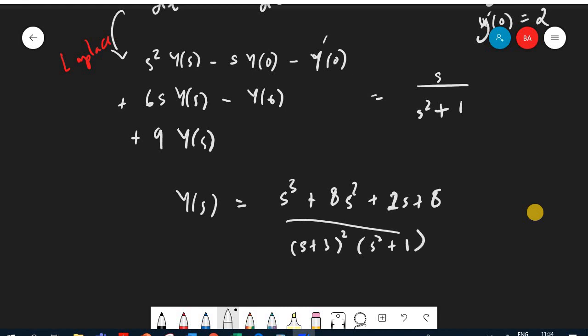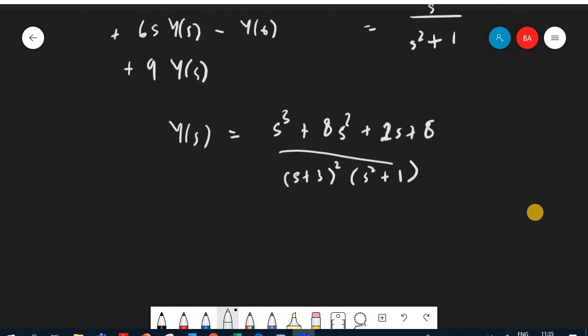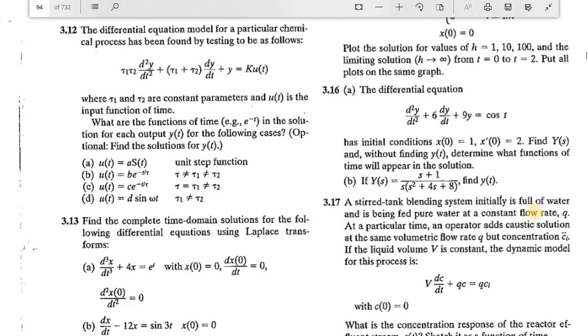So that is my solution, and of course I can find y of t here. This is s squared times s squared, so s to the power 4, one order above the first one, so that will not be a problem, and we don't need any long division to find the solution of that problem.